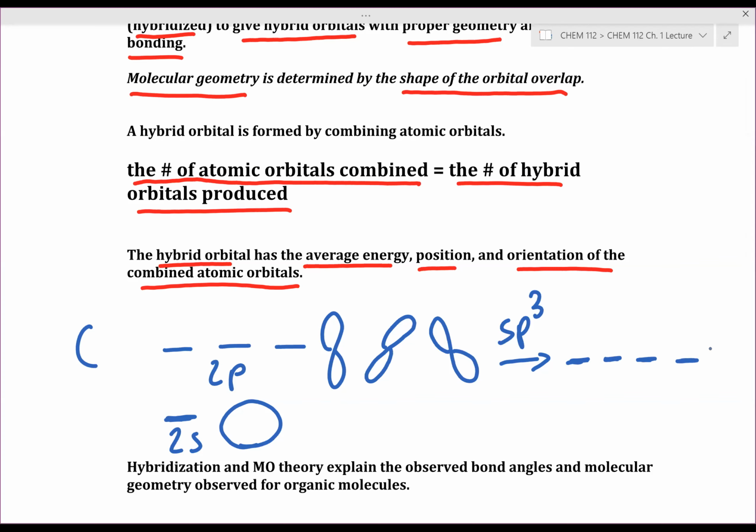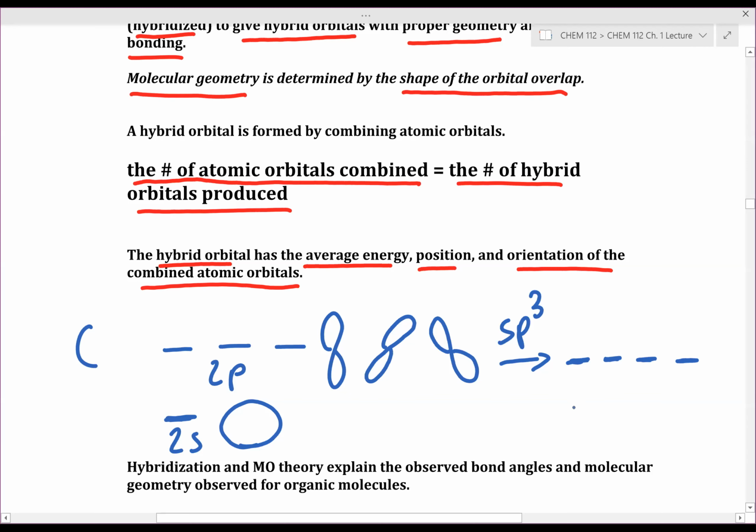Additionally, what's another feature of p orbitals? Are they long or are they short and stubby like an s? They're long. So would we expect these hybrid orbitals to be long or short and stubby? Long, yep. So they're longer, substantially longer than an s and shorter than a p orbital.